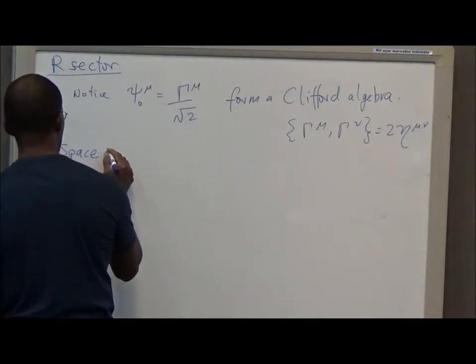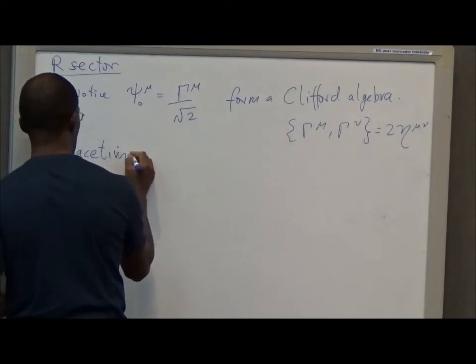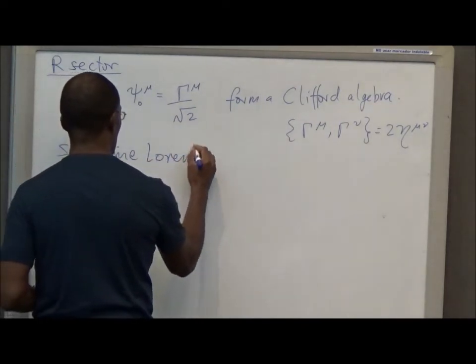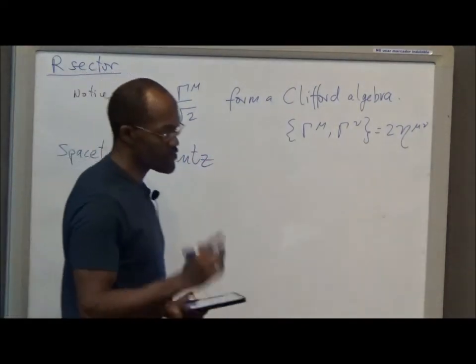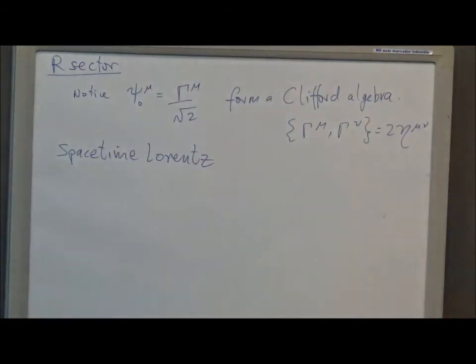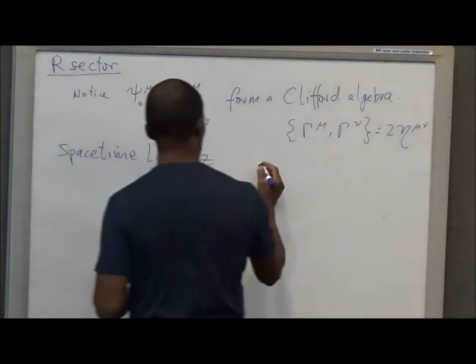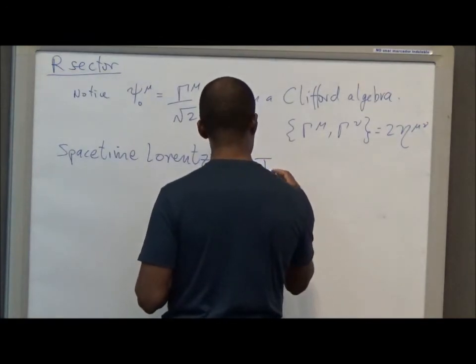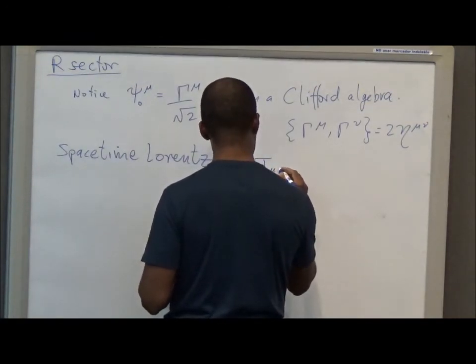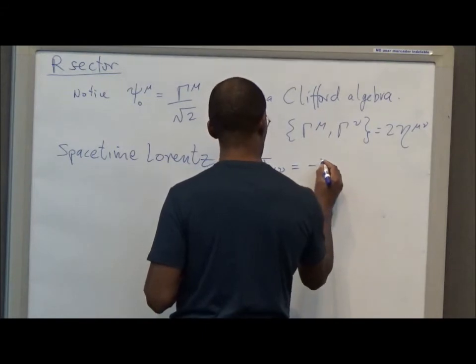Since we're worried about space-time Lorentz properties, particularly the fermionic content, it's actually useful to build the space-time Lorentz generators explicitly. And you've probably seen this elsewhere. This isn't a string theory thing.